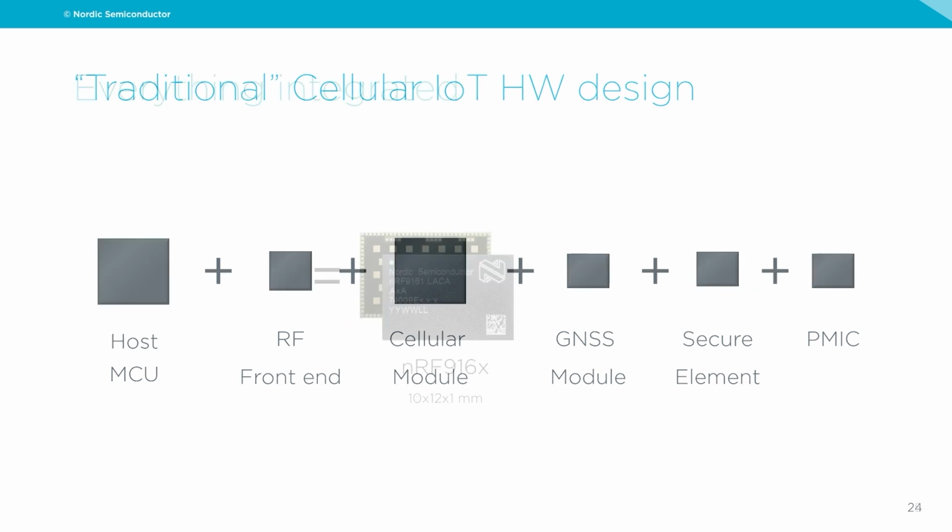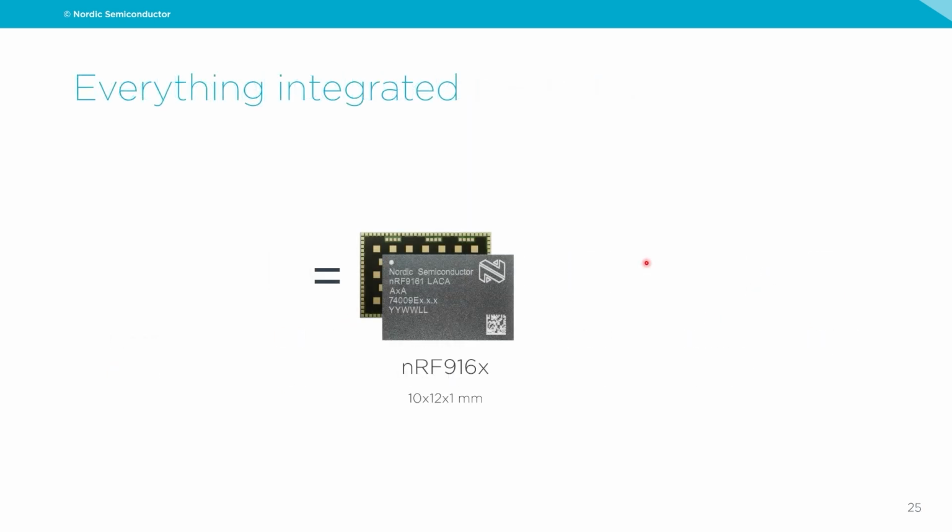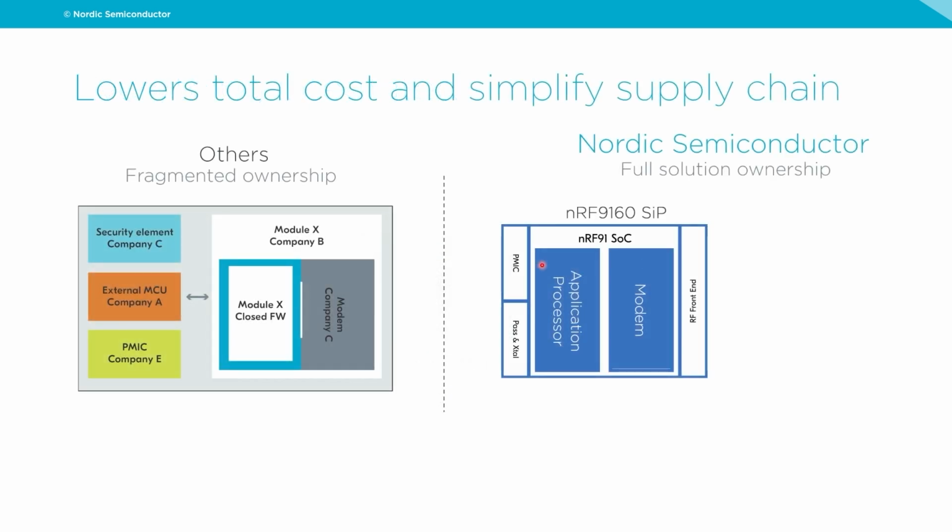What Nordic has done is to put all of this into one integrated SIP. So all of the parts that you saw earlier are integrated into this one SIP device. The goal here is to lower the cost of the solution and to simplify your supply chain.